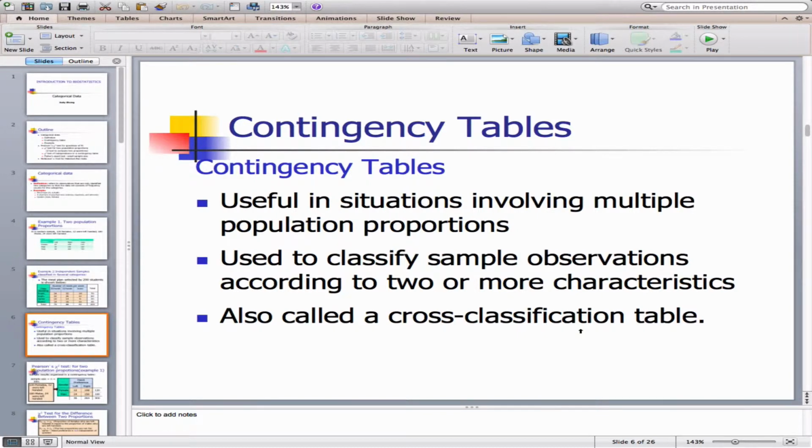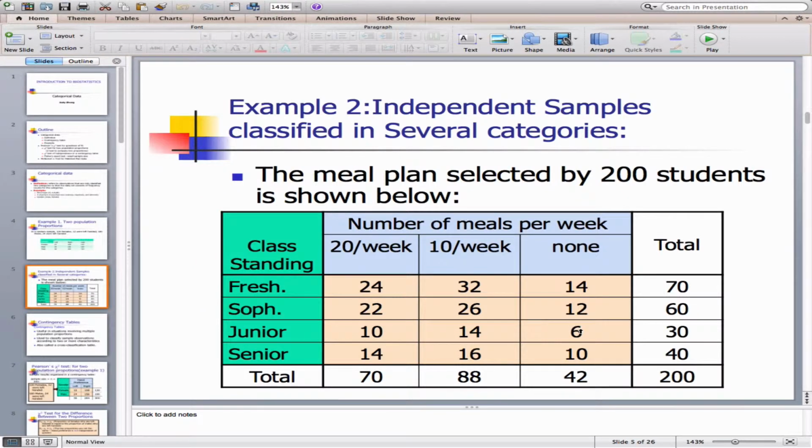So a contingency table is useful in situations involving multiple population proportions. It's used to classify sample observations according to 2 or more characteristics. Although each categorical variable doesn't have to have 2 levels, when you have a table, by default you have 2 characteristics, here class standing and meal plan.